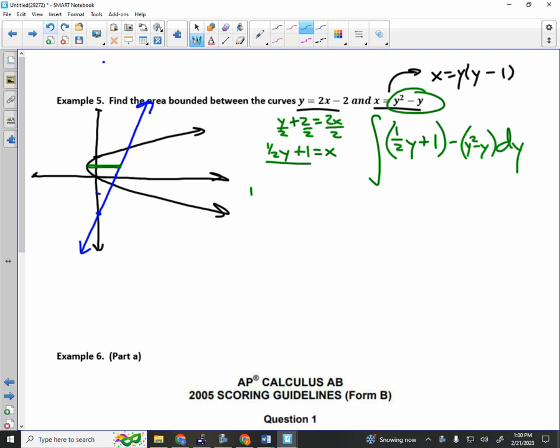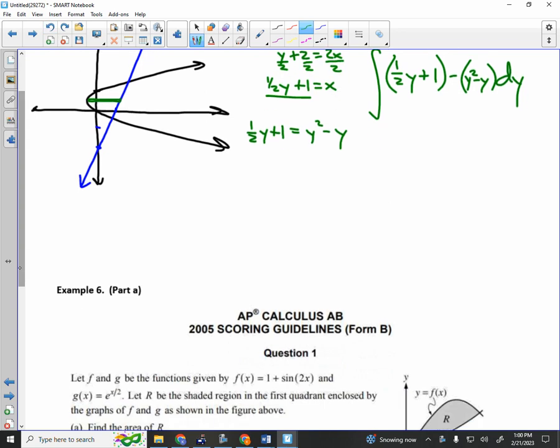So I have 1/2 y plus 1 is equal to y squared minus y. All on one side. So I will get 0 equals y squared minus, what's negative y minus a 1/2 y? Anybody? Negative 3/2 y, good.